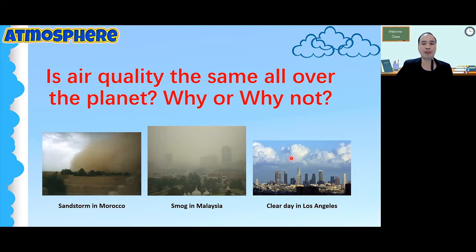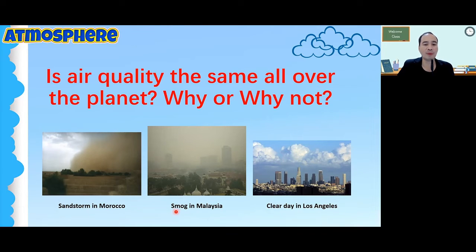Which picture do you think you would like to live in? Obviously you want to live in a clear day in Los Angeles, because if you live in Morocco, where there are lots of sandstorms, you might develop a health condition like asthma, right? Or if you live in Malaysia, it is covered with smog. What is smog?